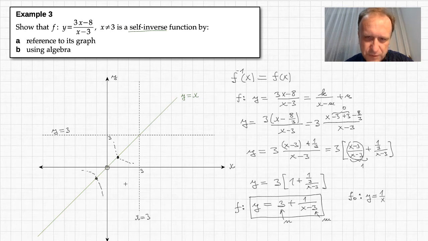What we need to do is to shift it now by 3 units to the right and 3 units upwards to get the graph of the function f itself. So this point with coordinates 1, 1 is shifted here to this position, and this one is shifted to this new position.